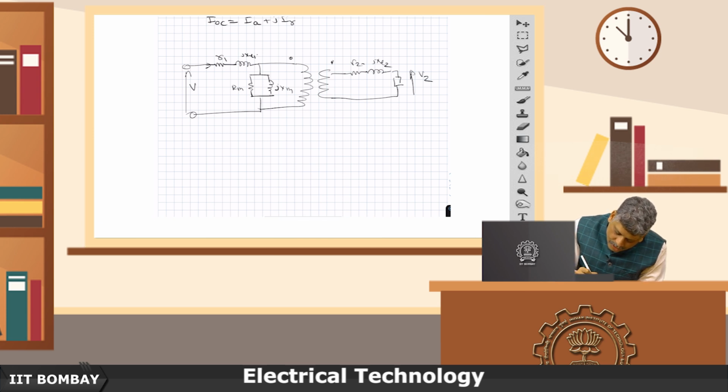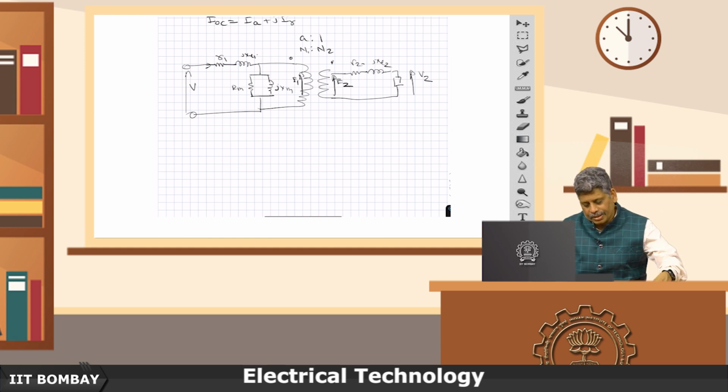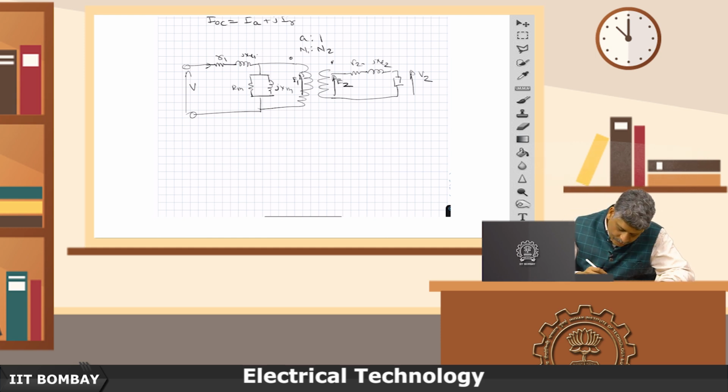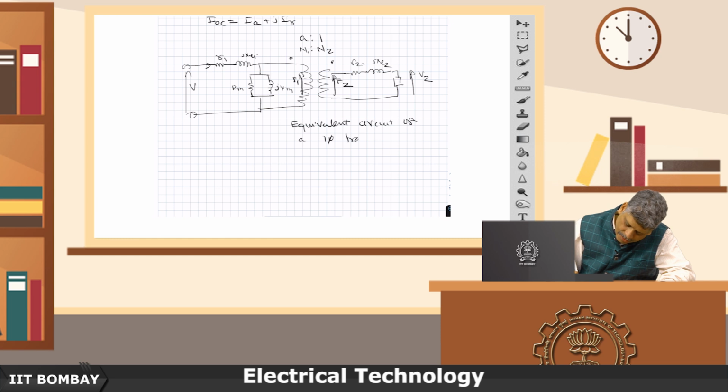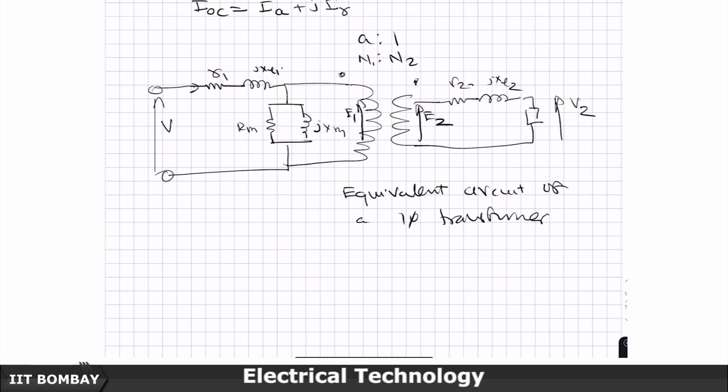So, the V2 is here, sometimes we show this as even induced voltages, even E2, N1 is to N2 or a is to 1. The ideal transformer is sitting here, and now this is a reasonable equivalent and very commonly used equivalent circuit of a single phase transformer. So, again to quickly recap, you apply a voltage, a current has to flow because you have a load connected here.